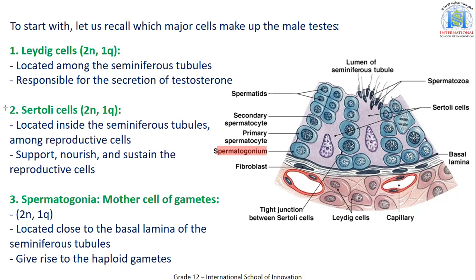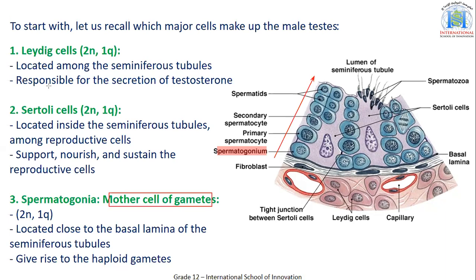Okay, as we move like this, spermatogonium becomes a sperm cell. Spermatogonia, as I mentioned, are the mother cells of the male gametes. This spermatogonia is diploid, and the chromosomes have one chromatid, and they are the origin of the sperm cells.